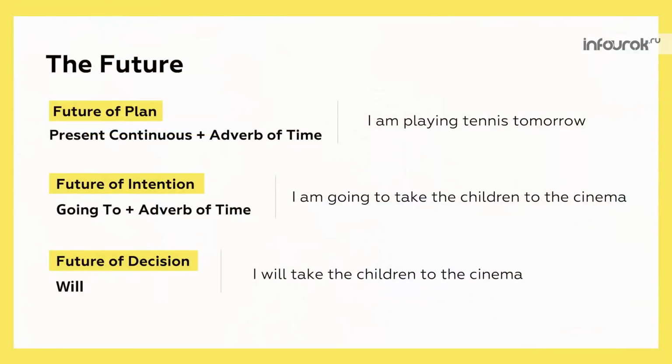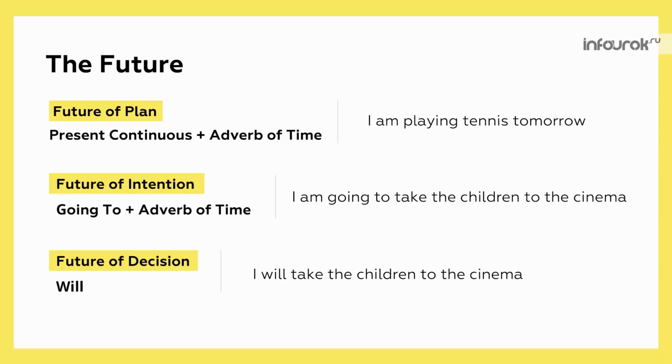First of all, we have the future of plan. What is the future of plan? It is simply using the present continuous and adding an adverb of time. For example, if I say, I am playing tennis and stop there, it can mean that I am playing tennis now.